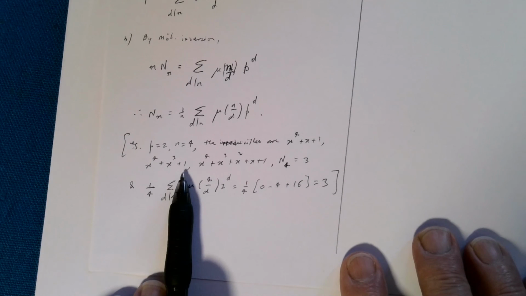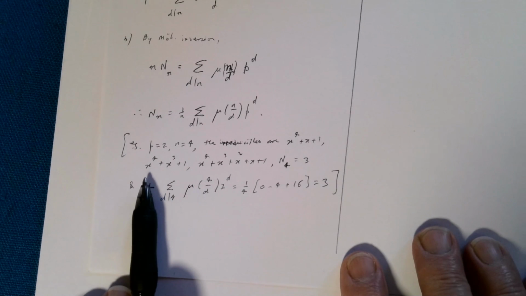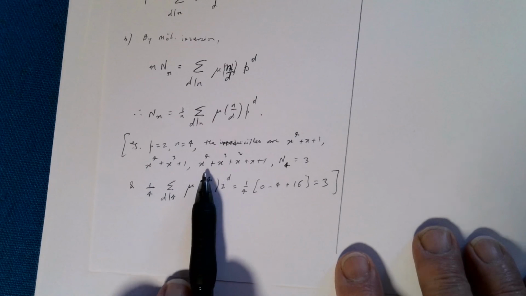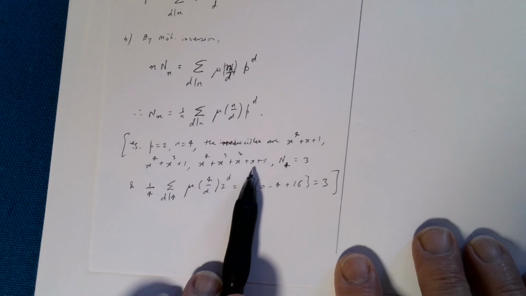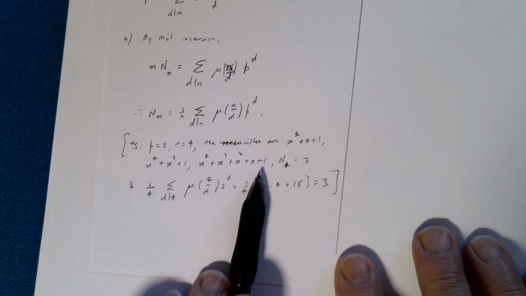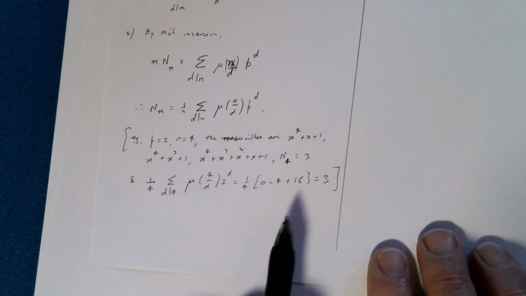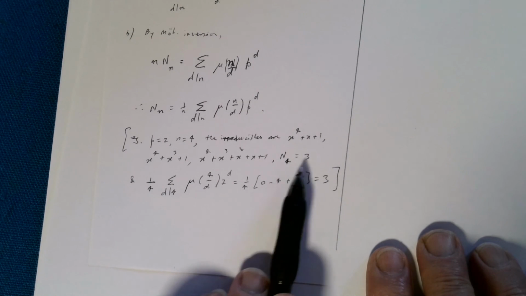Notice x to the 4th plus x squared plus 1 is not, because that's just, I'll leave you to check, x squared plus x plus 1 all squared. So if you put a square there, it's not irreducible. And finally, we mustn't miss this one. It's x to the 4th plus x cubed plus x squared plus x plus 1. That one also is irreducible. You can't factorise this in Z2 of x. So the number of irreducibles of degree 4 in Z2 of x is 3.